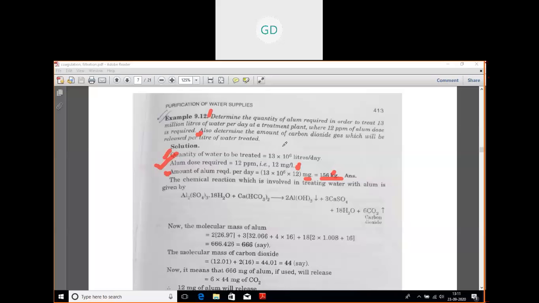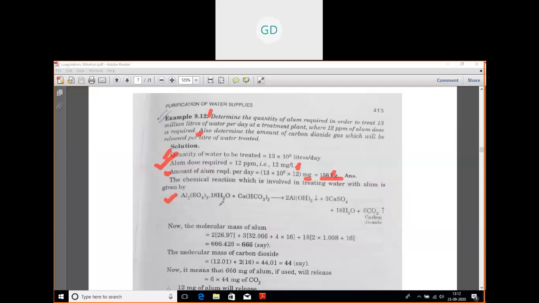Next, you need to find out the amount of carbon dioxide gas. So how will you find out the carbon dioxide gas? You know the equation of alum. What was the equation when you add alum to your water? You already got this equation. You need to remember this balanced chemical equation.